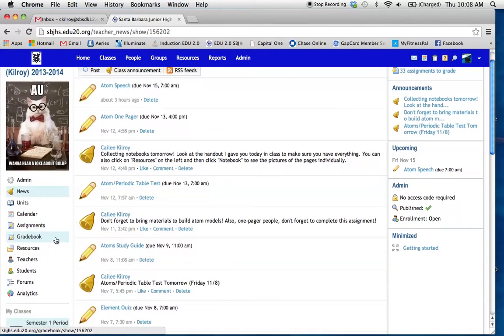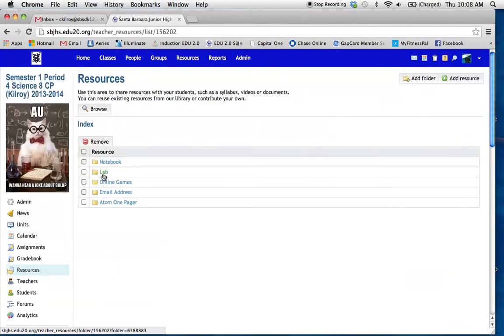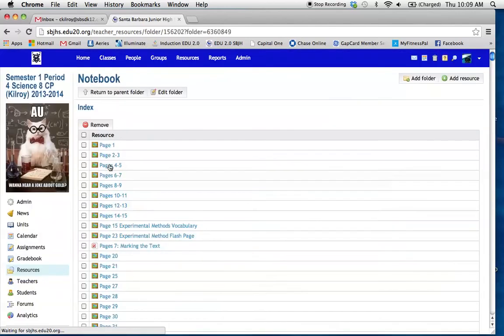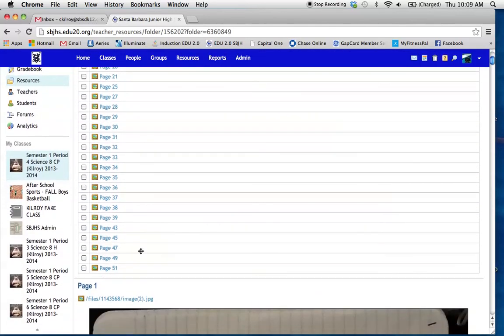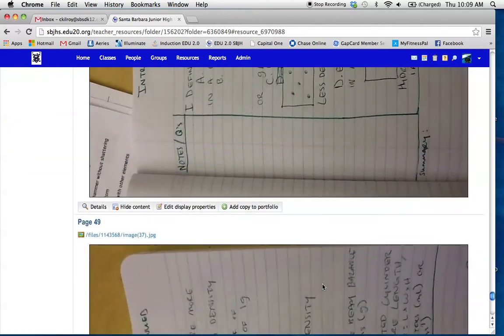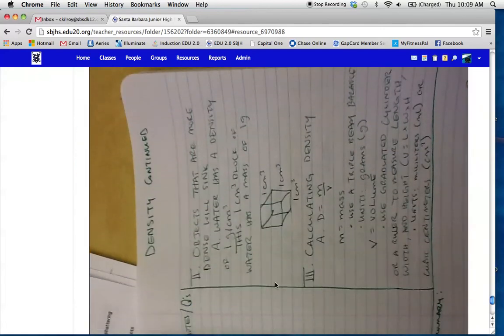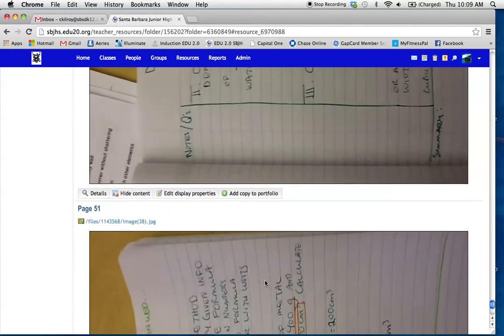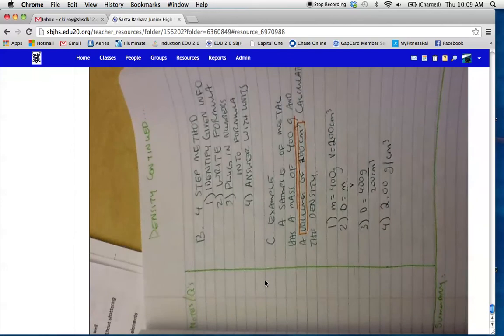Here's your science homepage. Go to resources, click on your notebook, and all these are examples. Like I said, we started on page 47. That's what you need to have on page 47. I'm going to scroll down to page 49 and page 51.